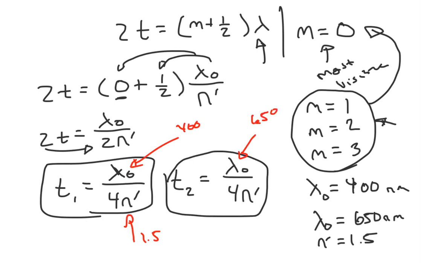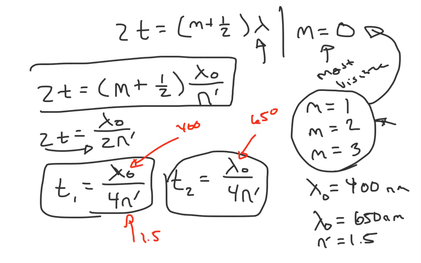So like I said, what I want you to do now, you can send it to me to look over, is use this equation right here, and instead of m being 0, make m equal to 1, and solve this equation for lambda naught. Do the calculations with m equals 1, m equals 2, m equals 3.